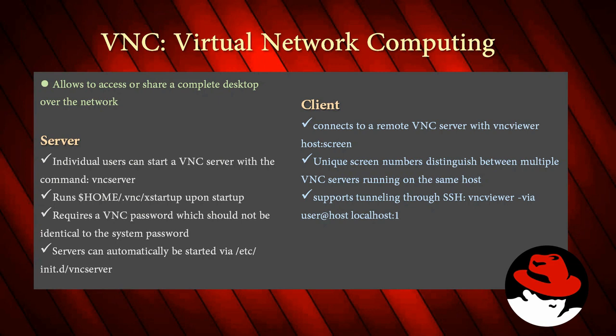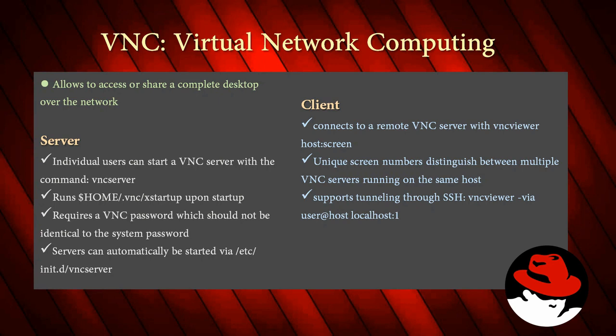It requires a VNC password, which should not be identical to the system password, because the system login you would not be interested to provide to other users. Servers can automatically be started via /etc/init.d/vncserver, and you have to install the client as well.